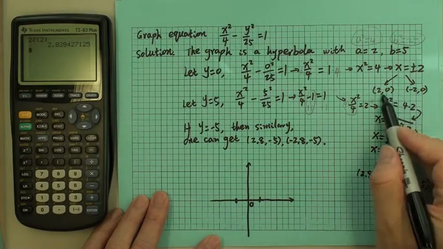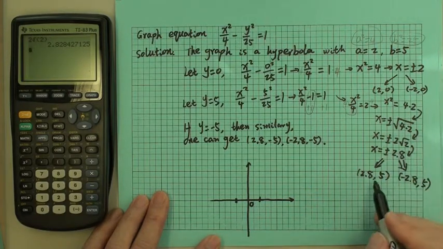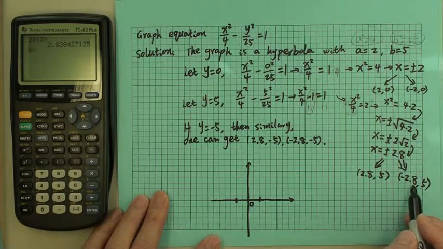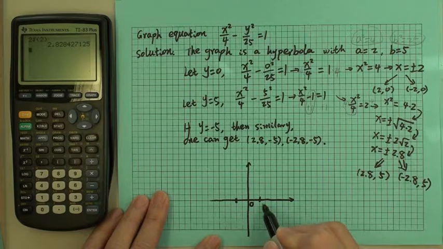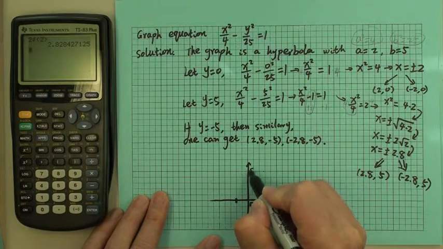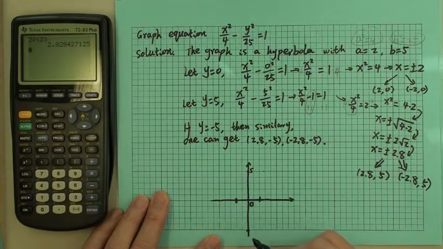Another is 2.8 and negative 2.8. 2.8 is close to 3. And then 5 is right here. This is 5. This is negative 5.